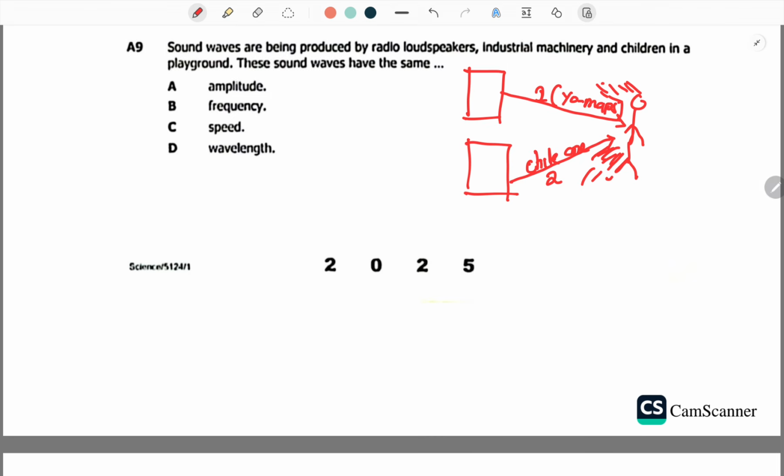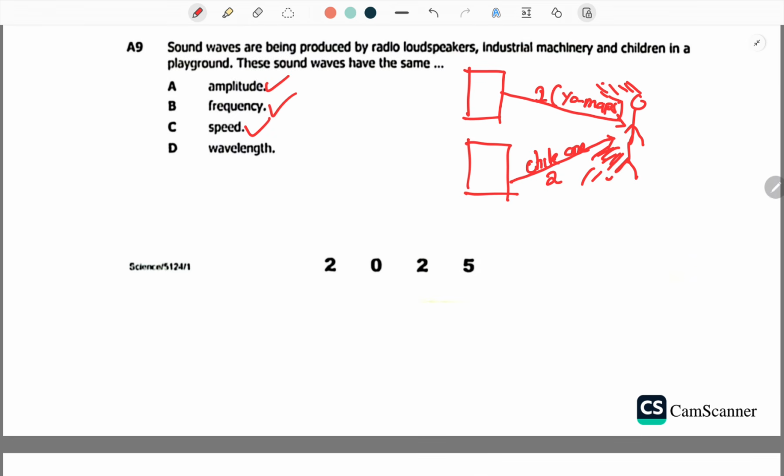One might be louder than the other, but the fact that you are getting them at the same time means that they are moving at the same speed. What is going to be different is the amplitude, because one might be louder than the other.